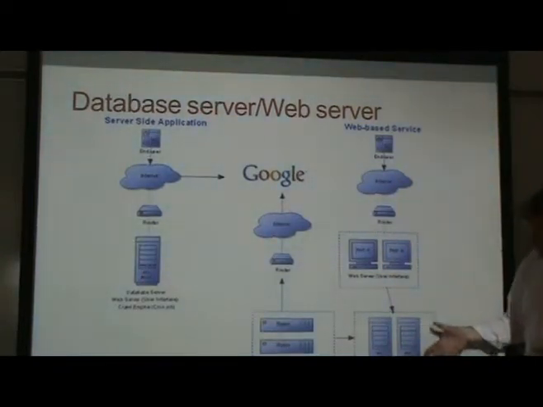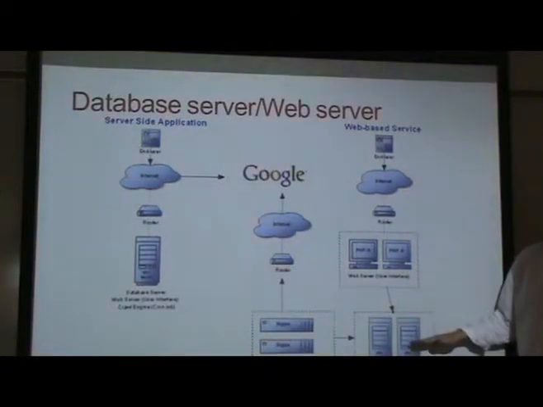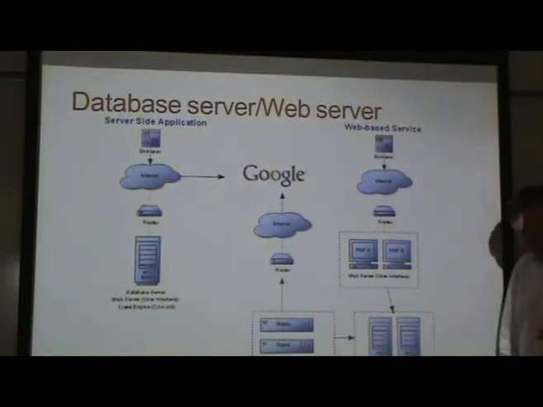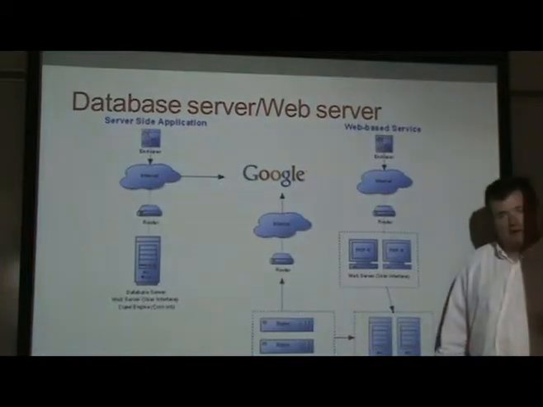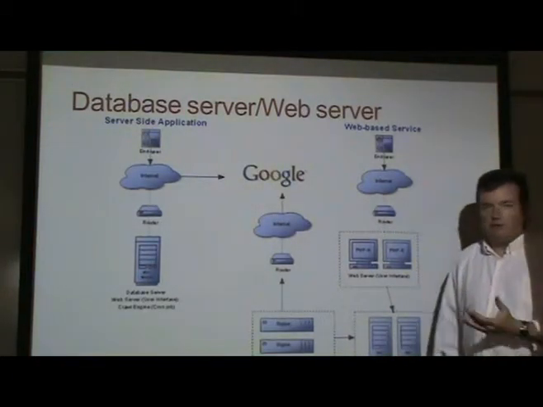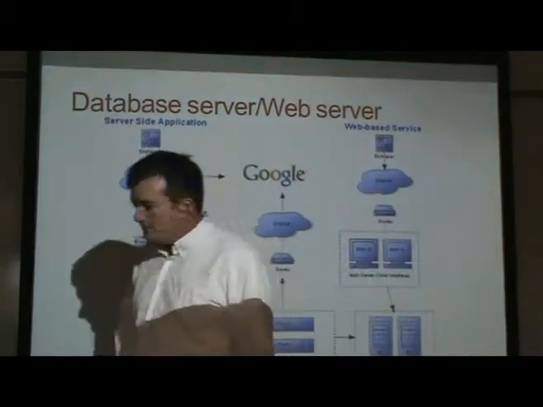For a database server, we'd need a URL, a password and a user ID, and you'd have to log in. Once you log in, you can start asking the database server questions, like, for this user ID, what is this person's password? And then it'll return the password to you.